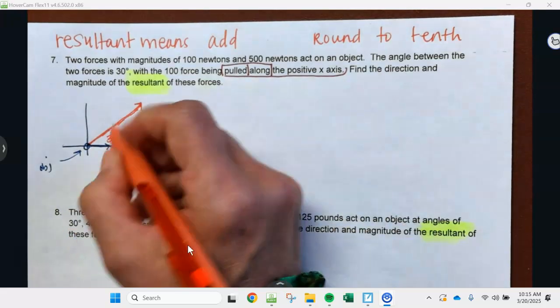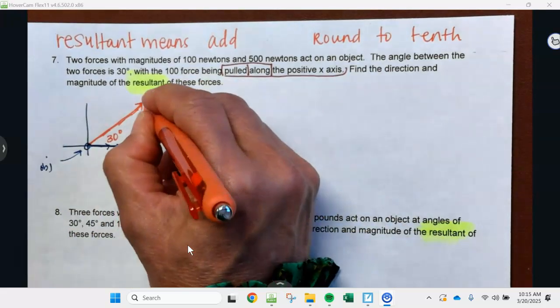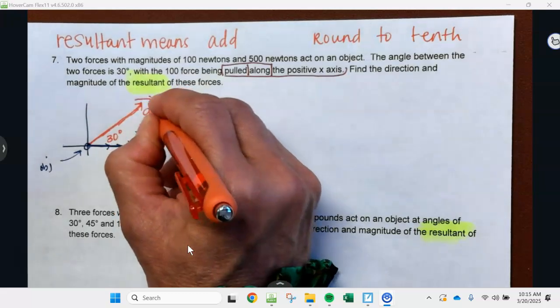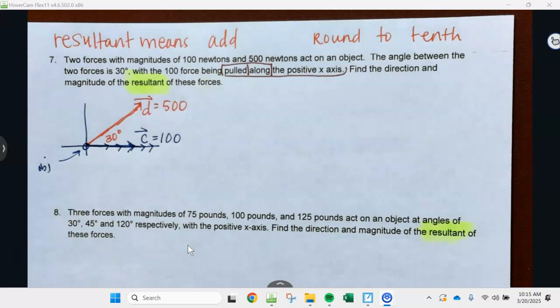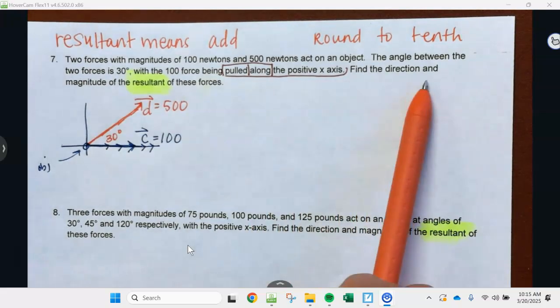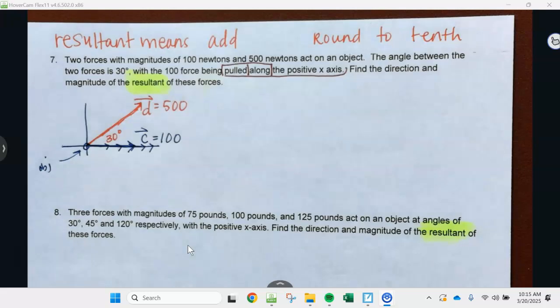The vector that's creating the 30 degrees, let's call that vector D. And remember, its magnitude is a lot greater, it's 500. The instructions are telling us to find the direction and the magnitude of the resultant of both of these pulled together. Add means pull together.